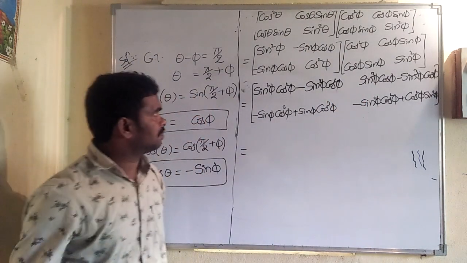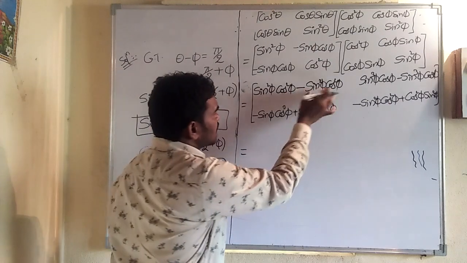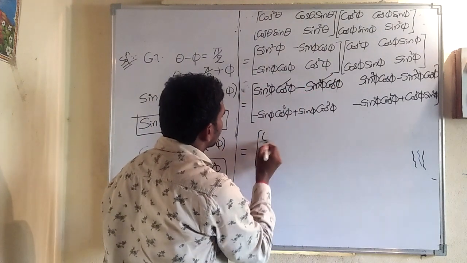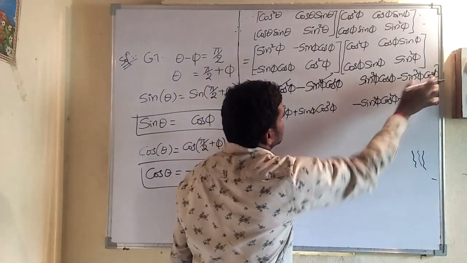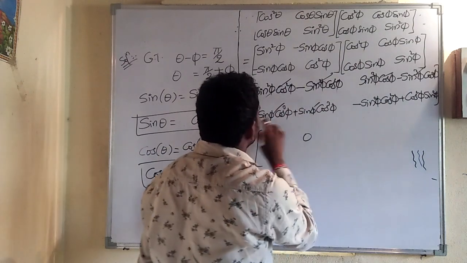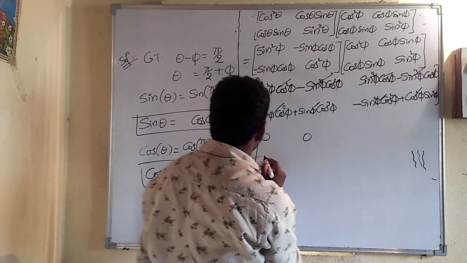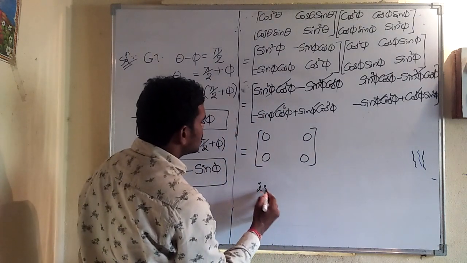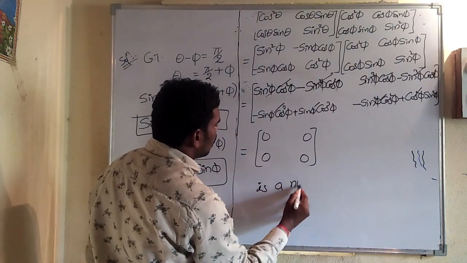It will become over. Sin square cos phi minus sin square cos phi, same term minus same term becomes 0. Here also same term minus same term becomes 0. Here minus, here plus, here minus, here plus. Totally we are getting 0, 0, 0. So it is a null matrix.